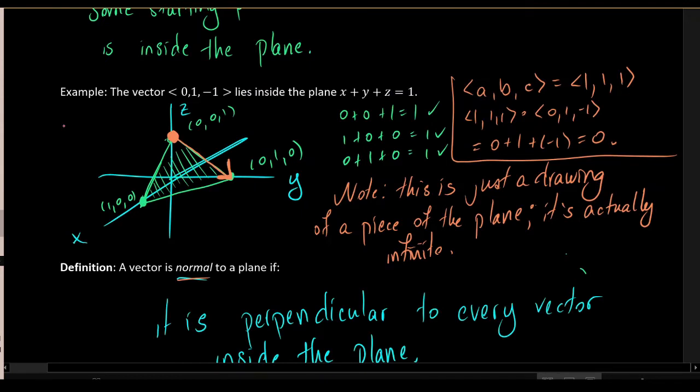We saw that also in this middle example. The point 0, 0, 1 and the point 0, 1, 0 were both contained in the plane. Because of the linear nature of the plane, that meant that the entire line segment stretching from one point to another was contained in the plane, and therefore the vector, drawn here in orange, stretching from one point to the other, was contained in the plane.